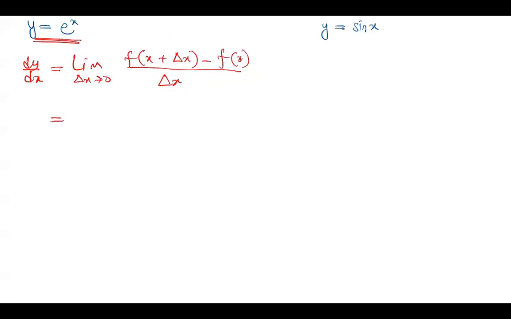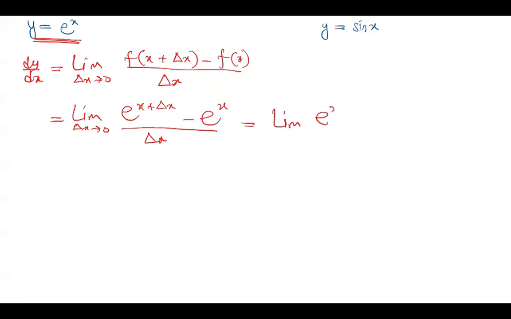If you have the function e to the power x, the limit, again, as delta x goes to 0, of e to the power x plus delta x minus e to the power x over delta x. And I can write this as the limit again of e to the power x times e to the power delta x.